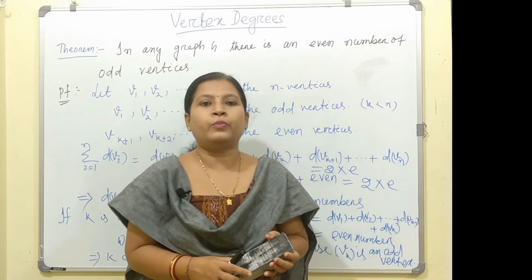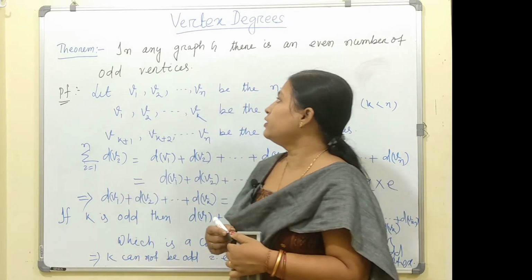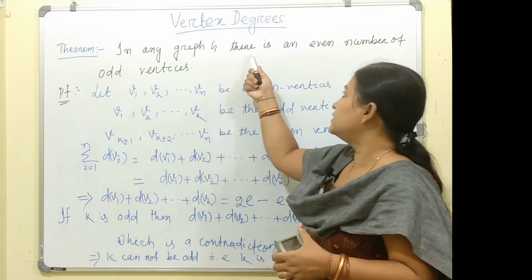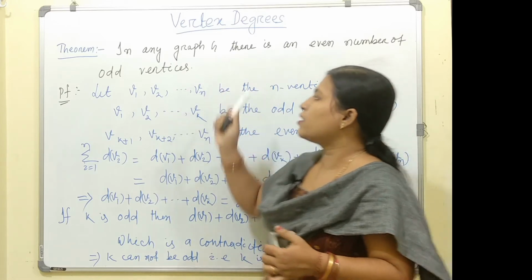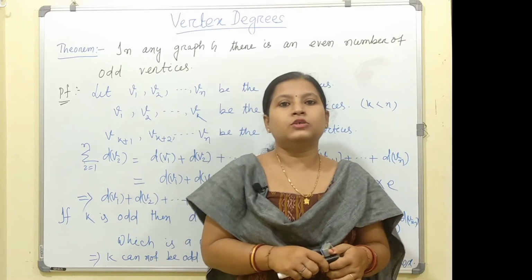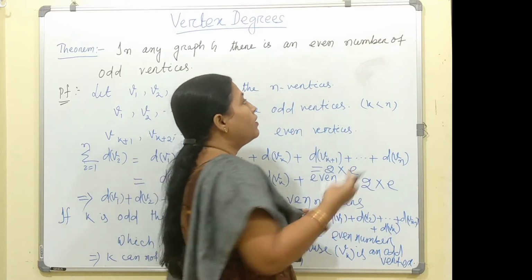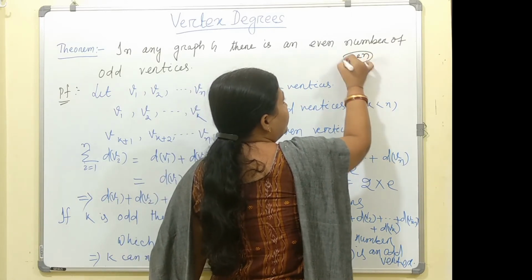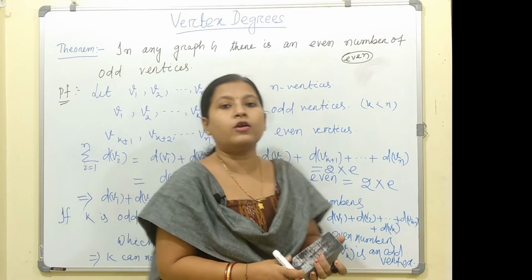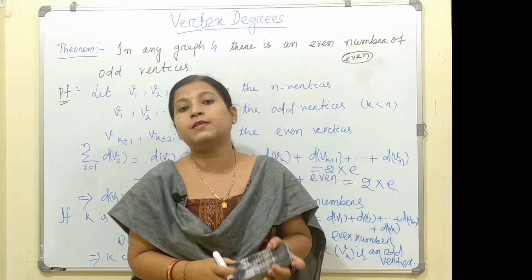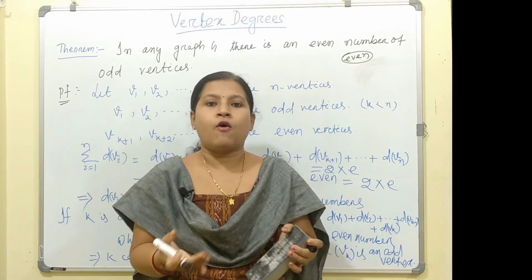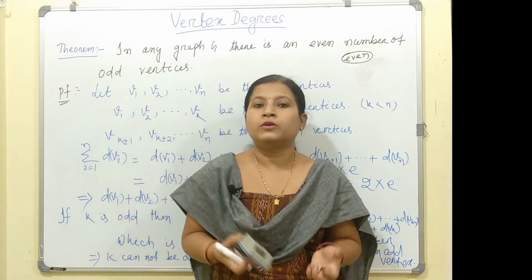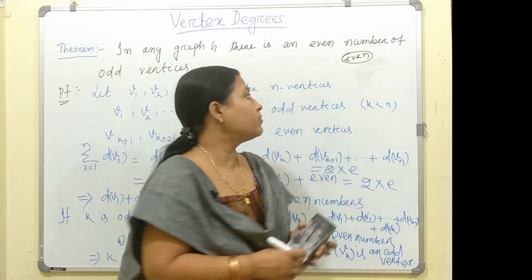Let us prove a theorem. The theorem is: in any graph G, there is an even number of odd vertices. We all know that the addition of even numbers is an even number, but for the addition of odd numbers we cannot say whether it is even or odd. It can be both.